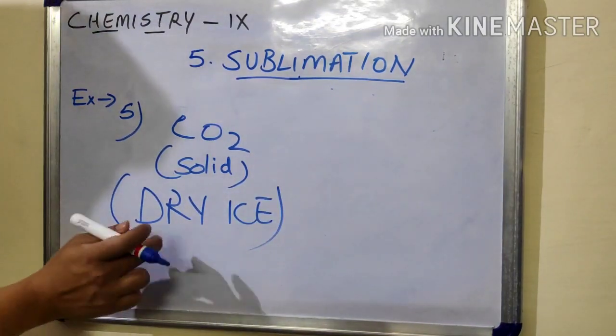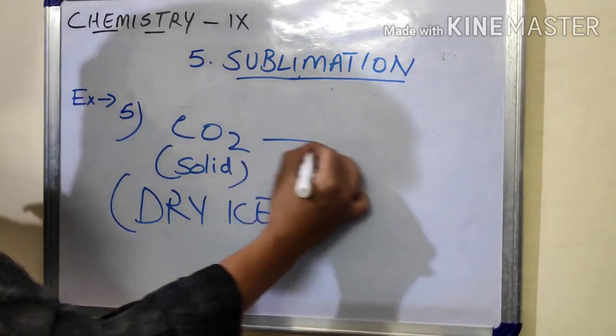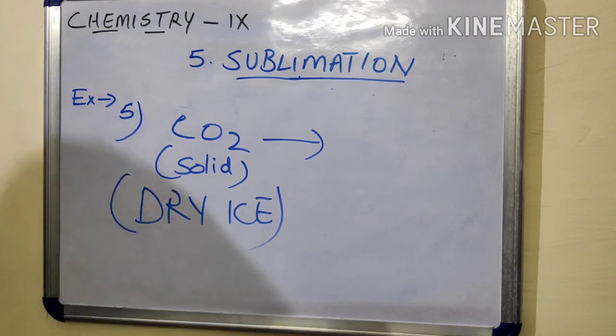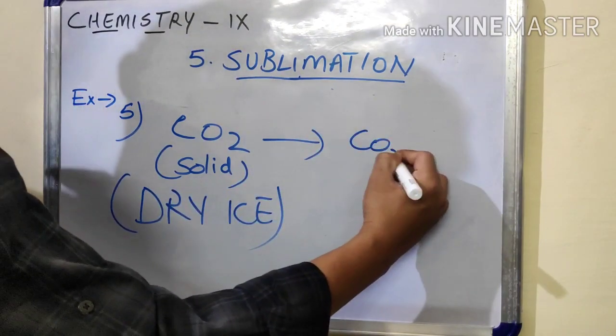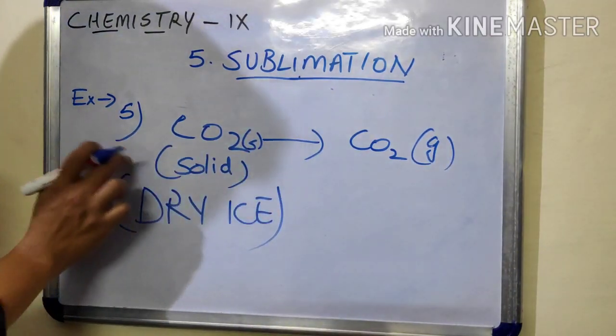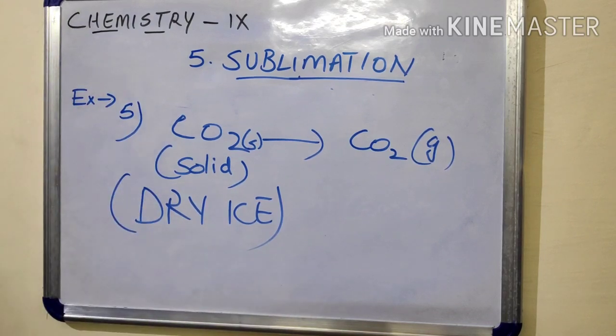Write it down. Solid carbon dioxide is called dry ice. When you heat it, it directly converts into carbon dioxide gas, CO2 gas. Okay, you can write it down. So this was your sublimation.